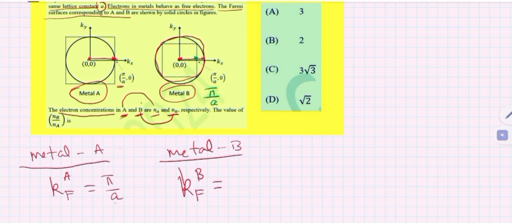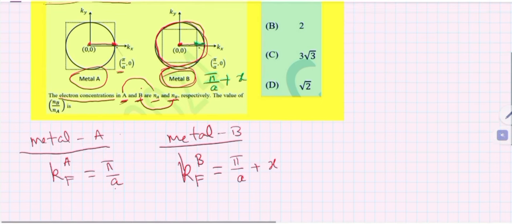That is a pi by A value, and then apart from that we have some more length, right? So that means, let us say, that is some x. So now we can write the radius, right? The Fermi surface radius for metal B, we can write it as pi by A plus some x.